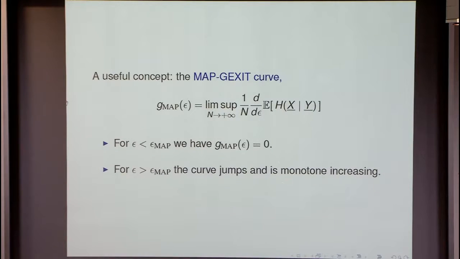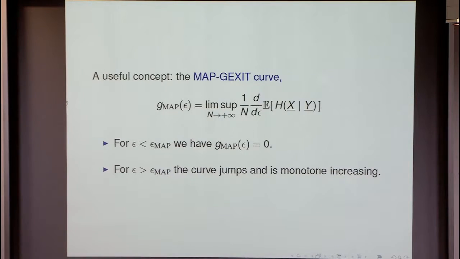Okay, just as I had a BP EXIT curve, we have a MAP EXIT curve, and this MAP EXIT curve is just defined like that. You take this conditional entropy averaged over the LDPC ensemble that I'm after, and I differentiate with respect to epsilon. I take the asymptotic limit. I need a lim sup if I don't know yet that the limit exists.